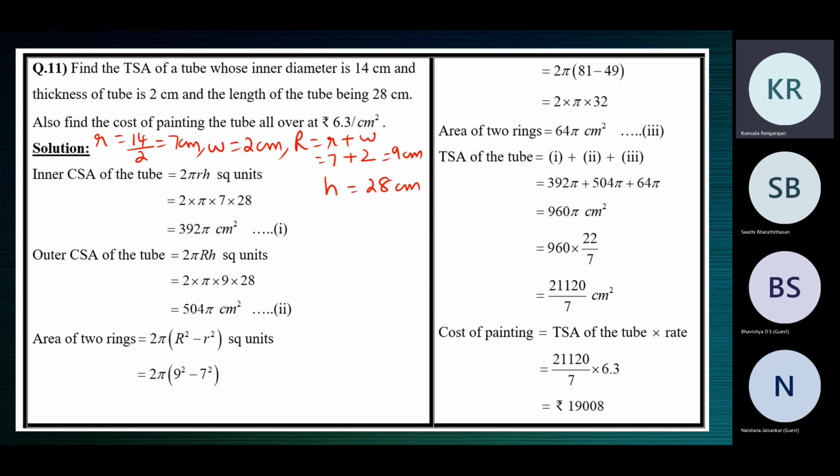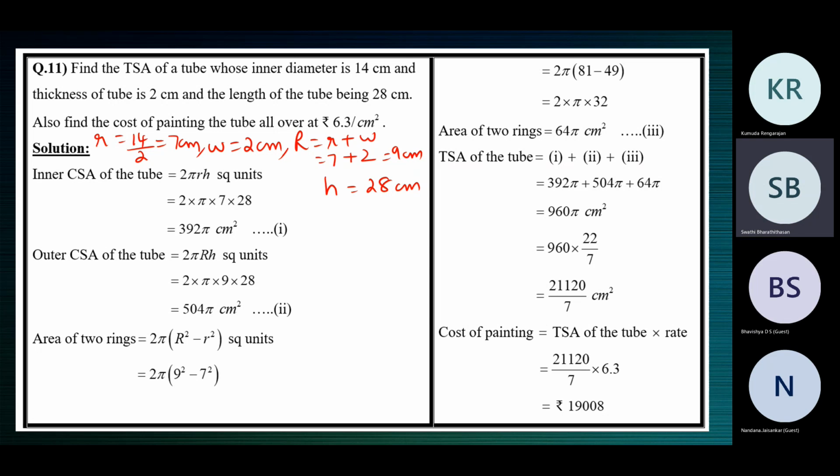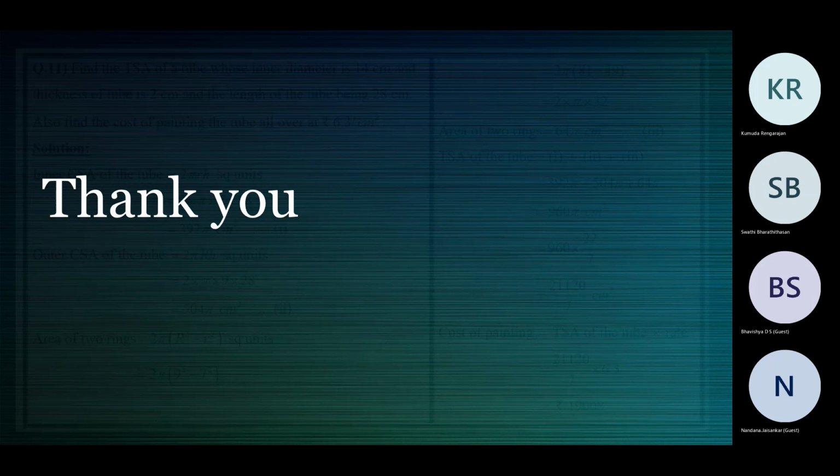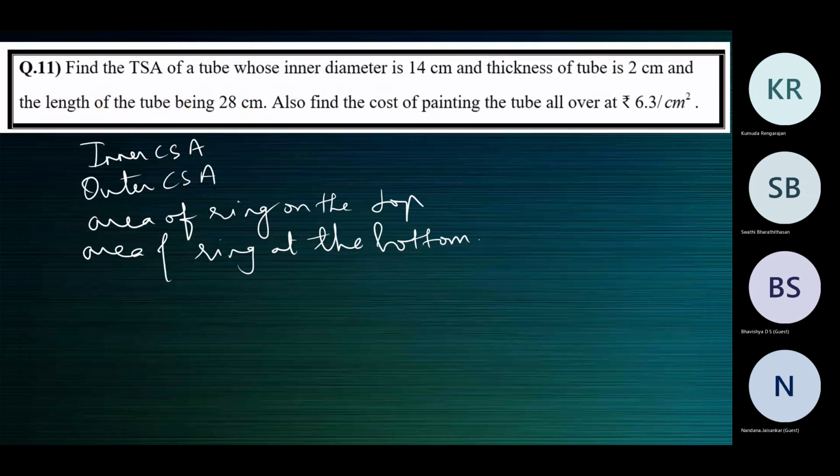Okay, so Nandana might not have finished, but Bhavishya and Swati finished this one. Last statement, ma'am. Finished, children? Completed, ma'am. Ma'am, can you once again?